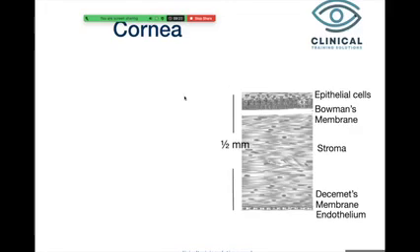In terms of the cornea, I said we'd go back to basics. So the cornea, you've got the outer layer, which is called the epithelium, and that basically protects the rest of the eye, down here, the stroma, from penetrating implements coming your way, like a dart or something like that.